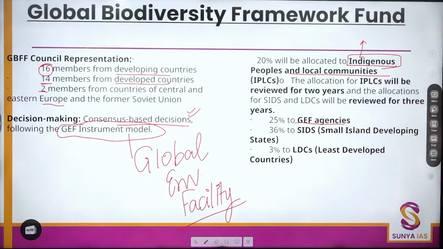So GEF is going to support it. For the initial one, I think they've also mentioned a corpus of how many years and how much money. Yes, but here also developed and developing countries will pool in the money. In what proportion, that of course nobody is going to ask you.